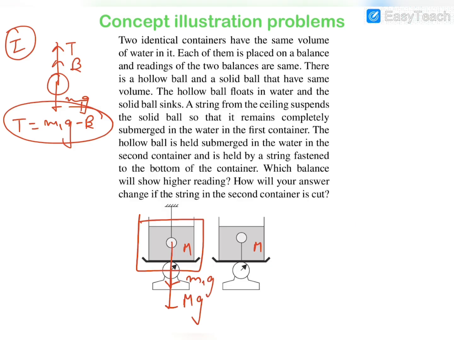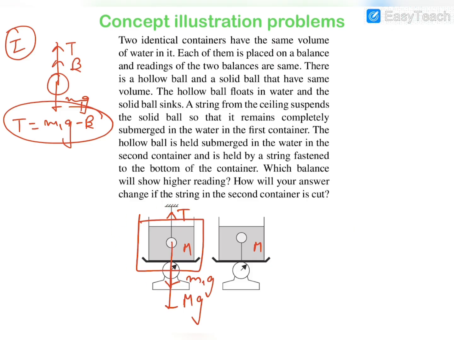Buoyancy is an internal force because the liquid applies the buoyancy on the ball in the upward direction, and the ball gives back its reaction in the downward direction to the liquid. So we are not considering the buoyancy in the free body diagram, but this tension will be an external force, because the rope is hinged to a point which is not part of this system.